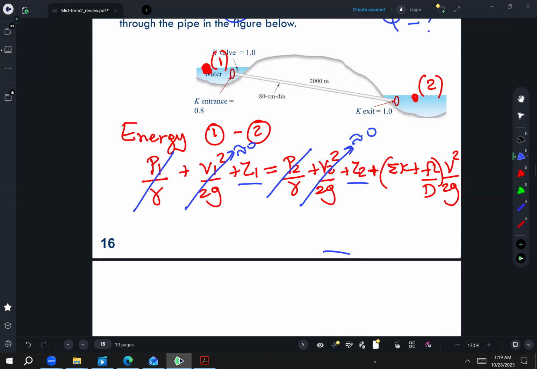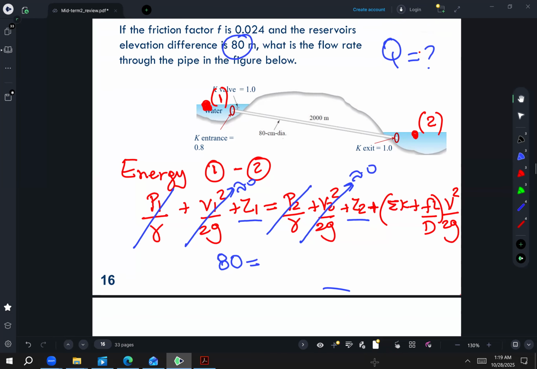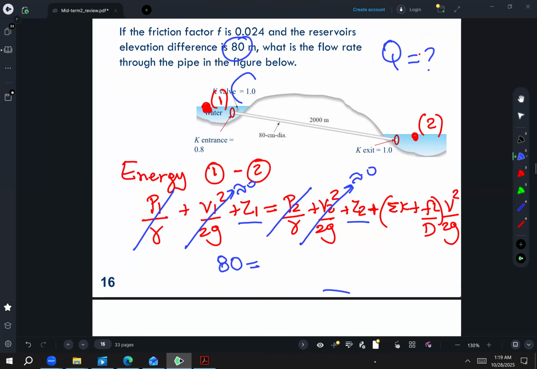So we can write down then: theta 1 minus theta 2 is 80 meters, and this is equal to the sum of coefficients of local losses, sum of k. In this case, we have the valve, with a coefficient of 1.0. We have the entrance coefficient 0.8, and we have an exit loss 1.0. So the sum will be 1 plus 1, 2, plus 0.8 is 2.8.